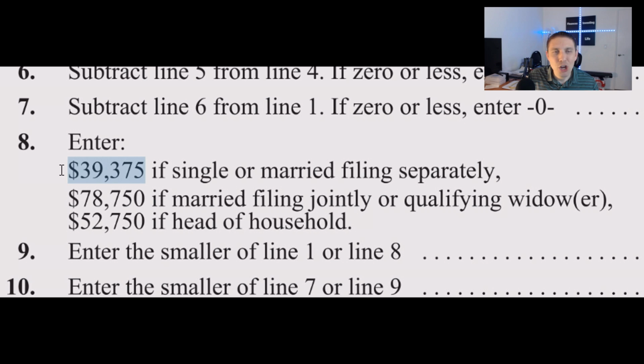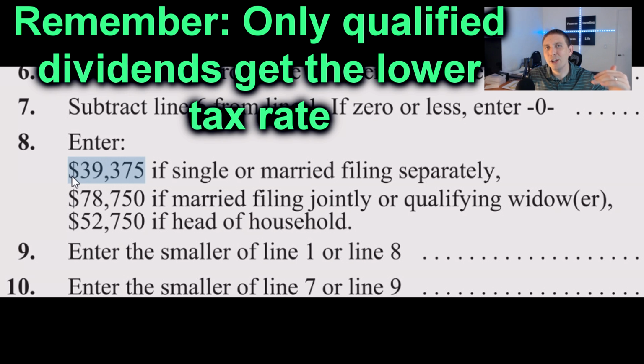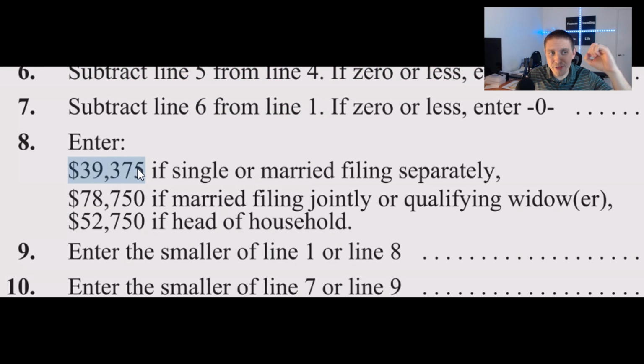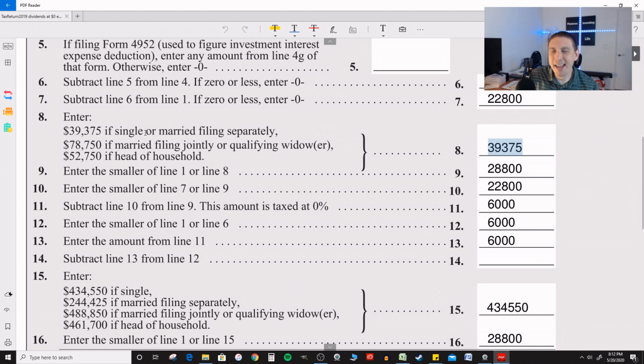But if I zoom in, you can see here where the different income limits are to get your capital gain tax rates at 0%, okay? So as long as this person has an income in total of lower than $39,375 for tax year 2019, then they pay 0 in tax on their dividends. And as you can see here on line 8, it shows $39,375.